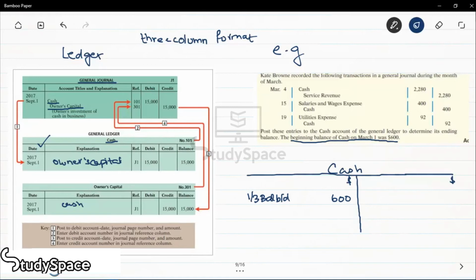Right? And now the second entry that took place was on March 4th, which was that cash was received from service revenue. So I'm going to write down revenue here, and that amount is 2280. Now other than that, we had expenses which reduced cash on the 19th and the 15th respectively.